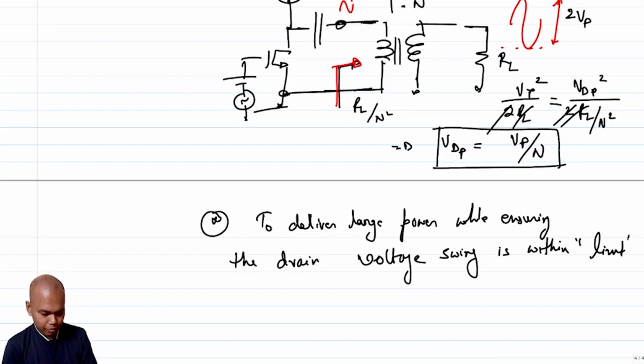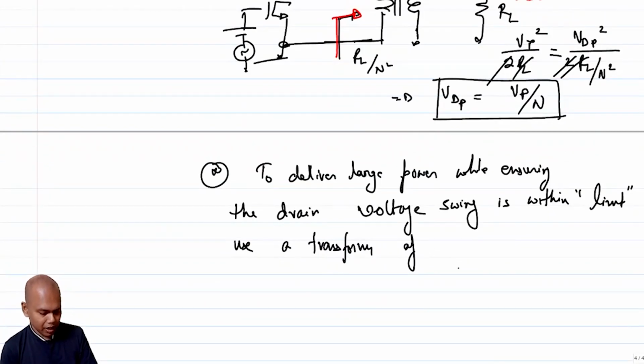Now this limit can be a breakdown limit, or the power supply limit, or whatever. Within limit, use a transformer or some sort of matching network or an impedance transformation network.